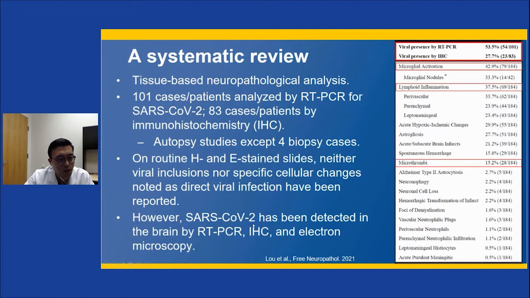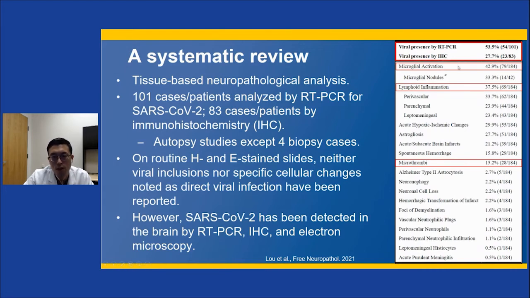However, SARS-CoV-2 has been detected in the brain by PCR, immunochemistry, and also electron microscopy in different pathology studies. You can see 54% were PCR positive, 28% were immunochemistry positive.